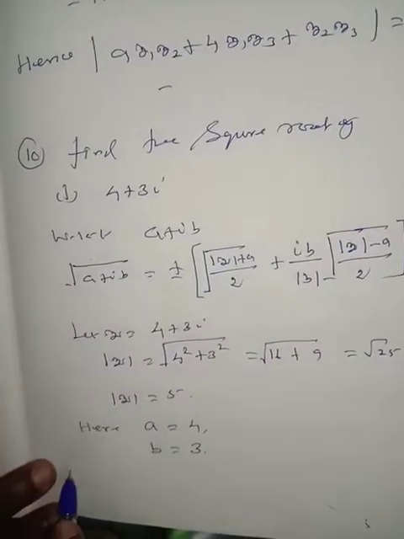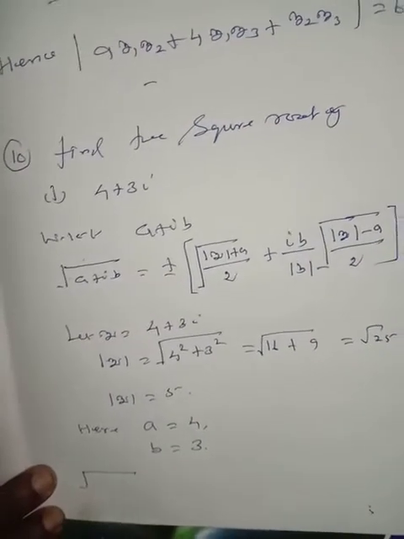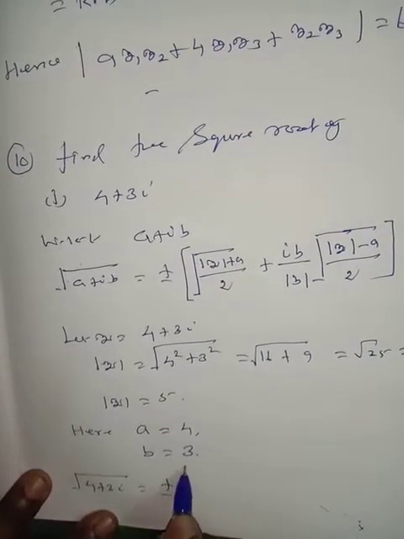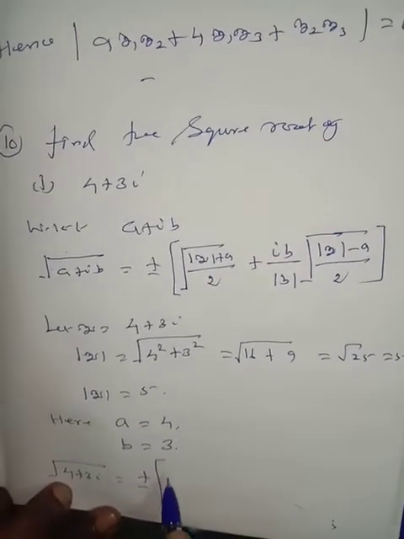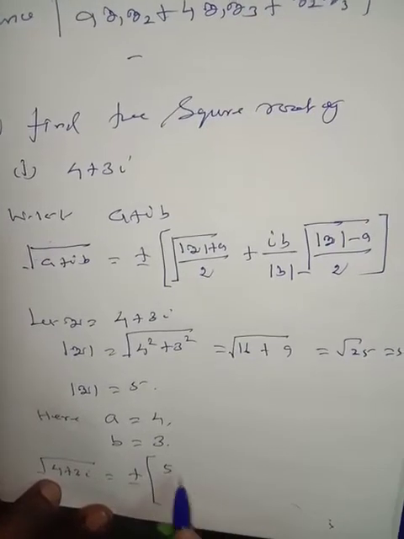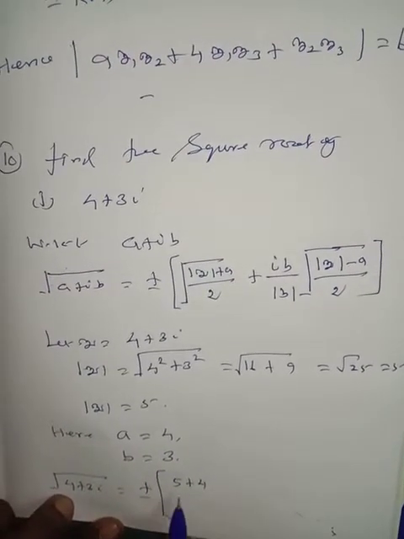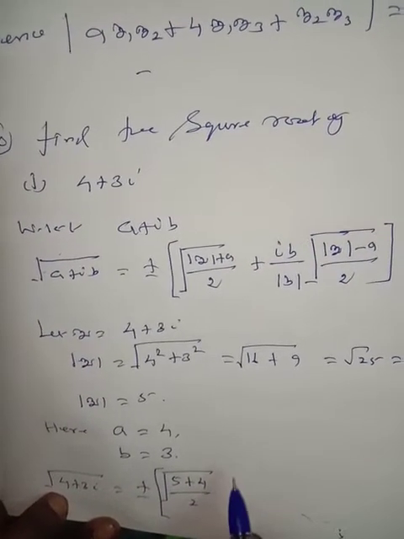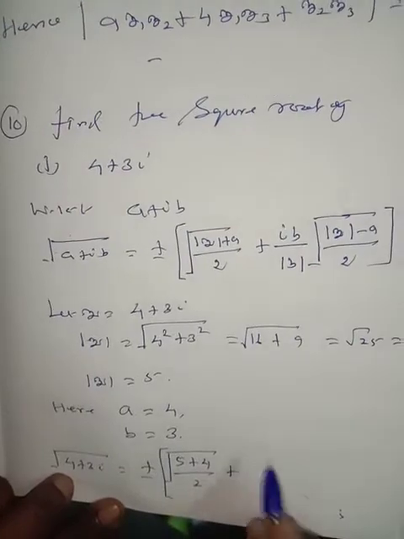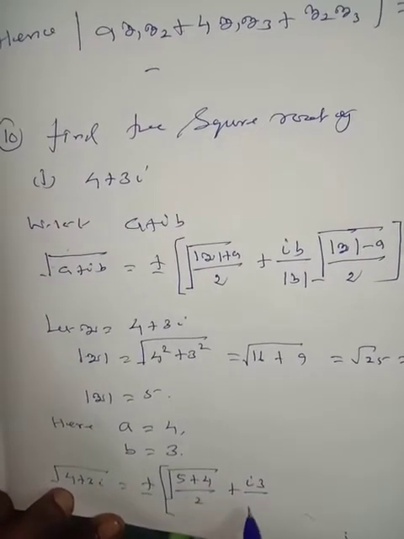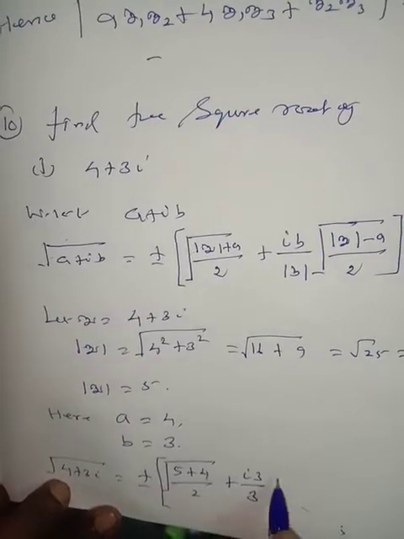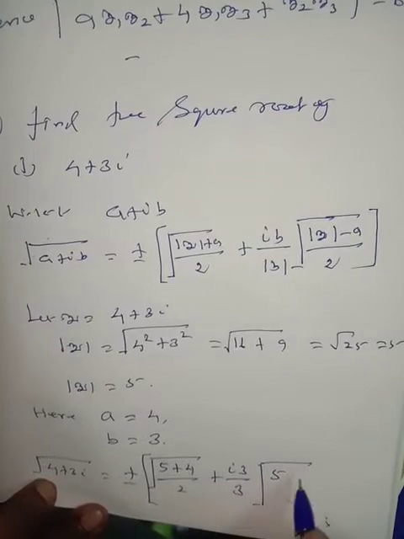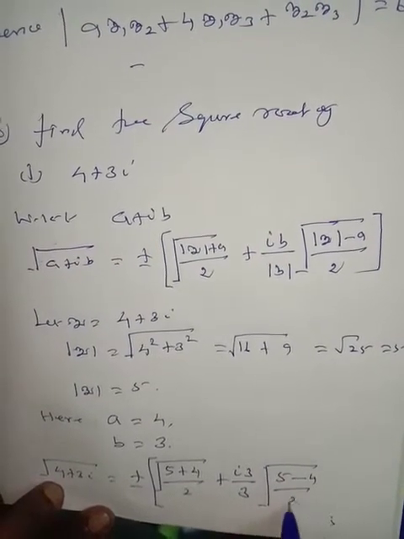Apply the formula. The square root of 4 plus 3i is equal to plus or minus the square root of (mod z, which is 5, plus a, which is 4) divided by 2, plus i into b, which is 3, divided by modulus of 3, which is 3, times the square root of (5 minus 4) divided by 2.